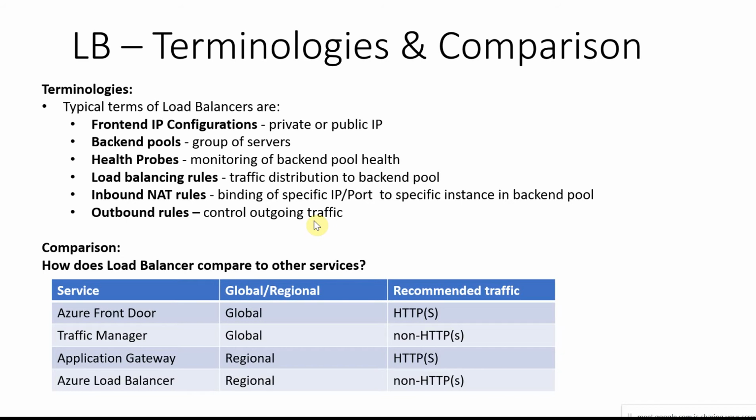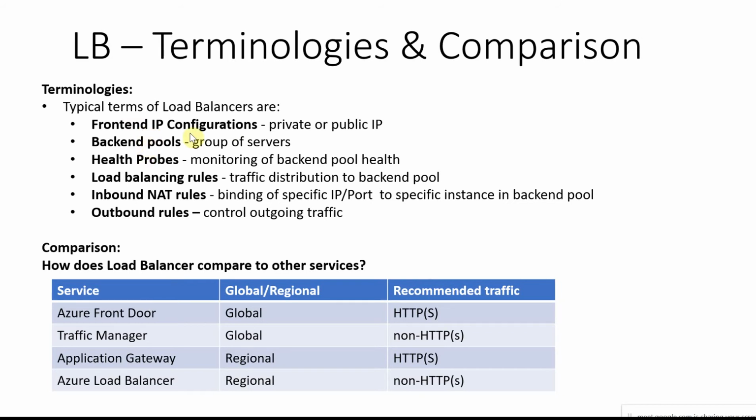Before going to the demo, some basic terminologies which are used, and I think we already covered some of them. For example, front-end IP configurations. Generally the load balancer will have two components: the front end and the back end.